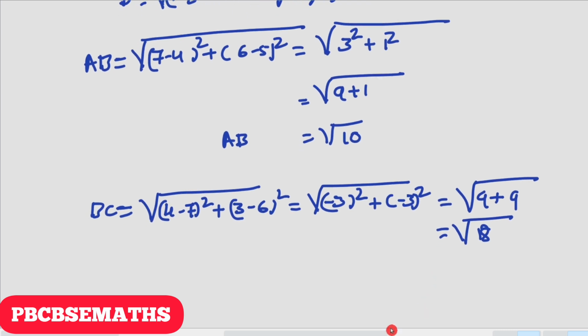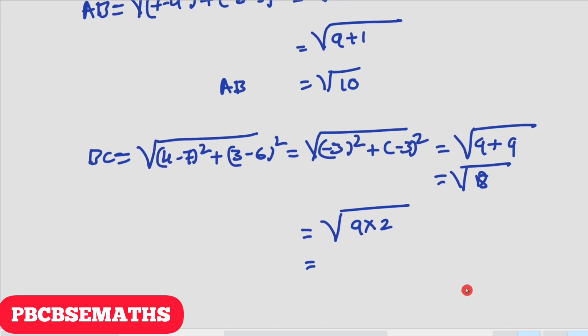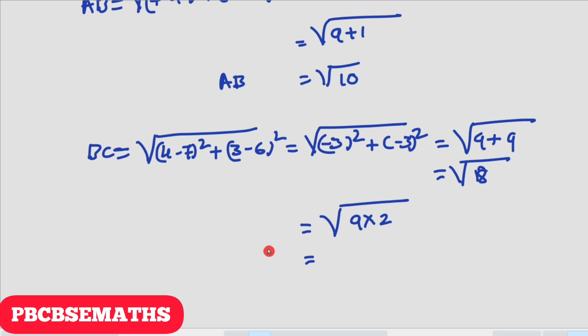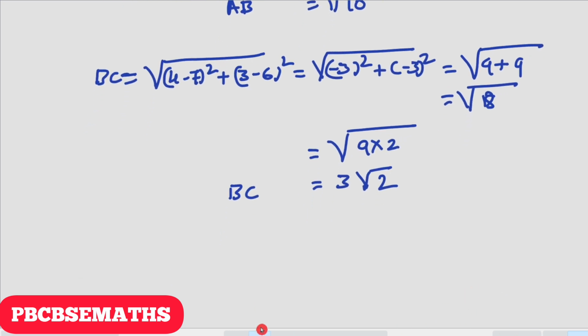We can write square root of 18 as square root of 9 into 2. The square root of 9 is 3. So the value of BC is 3 root 2.